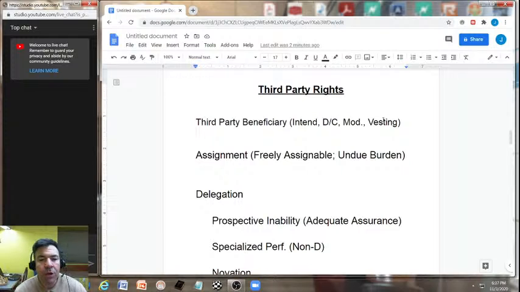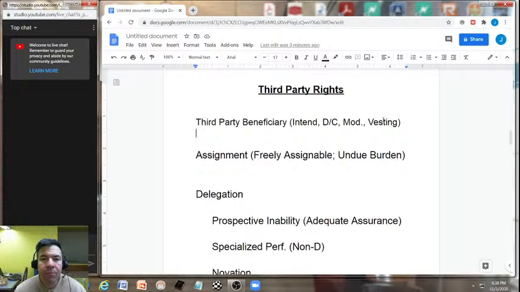Vesting would occur through: 1, learning and assenting to the third party beneficiary contract; 2, materially changing position in reliance upon the third party beneficiary contract, that would be the third party beneficiary detrimentally changing in reliance upon the contract; and 3, the third party beneficiary bringing suit to enforce their rights.